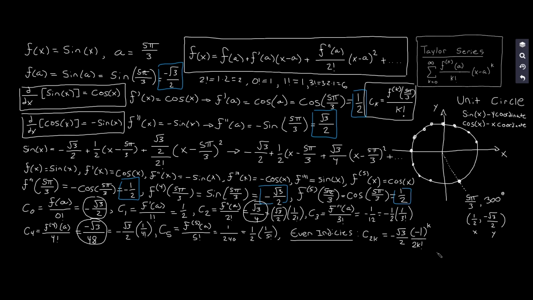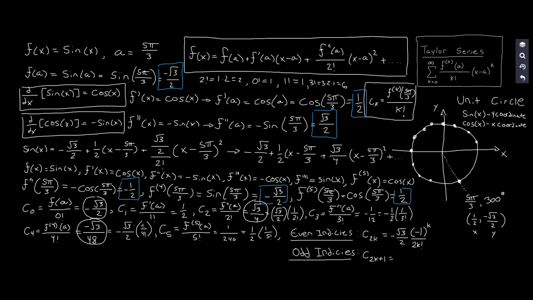But what about the odd indices? For the odd indices, we could put c sub 2 times k plus 1. That's always going to be our odd indices.